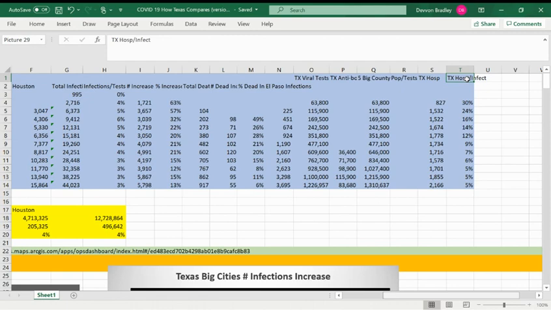The amount of infections does have to do with the amount of tests that are performed, so it's important to know the amount of tests that were performed and the amount of infections given that. You would also want to know how many hospitalizations there are given the infections.